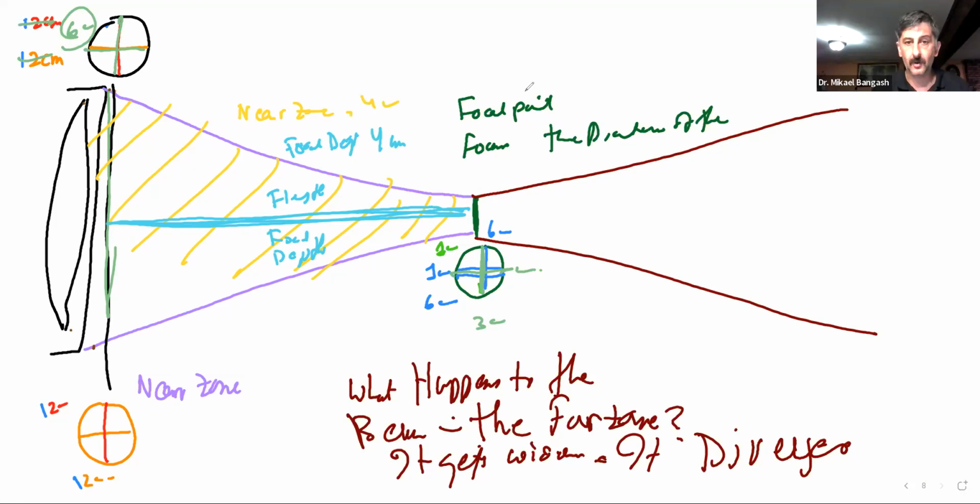The question then is, what would be the diameter of the beam at this point here, let's say the end of our far zone, right? Okay.